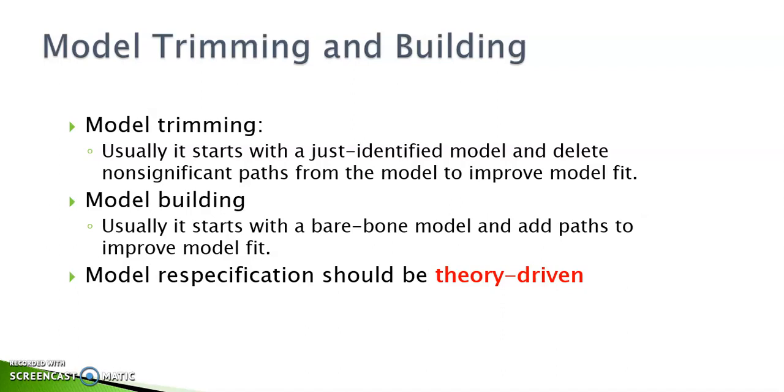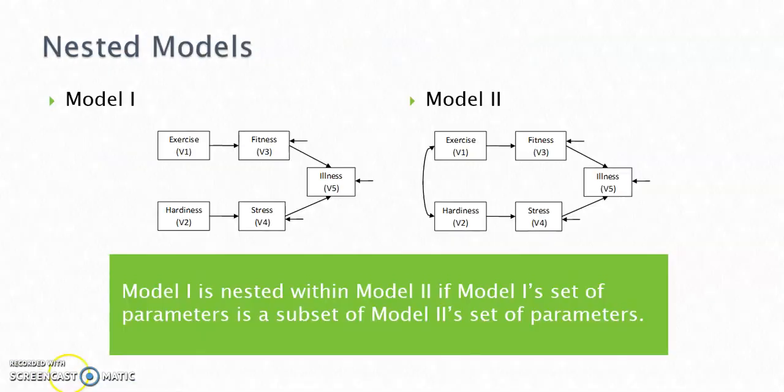Usually, you start with a bare-bone model in which only the paths you are most certain about are included and add additional paths to improve the model fit. No matter which approach you're going to use in your own research, just keep one thing in mind. Any changes you make to your model should be theory-driven.